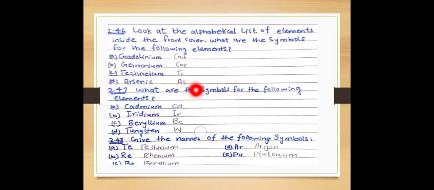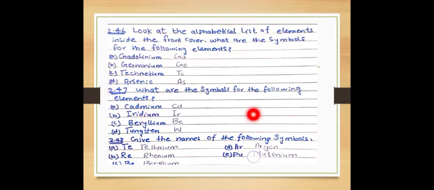Arsenic, capital A small s. Similarly, cadmium has Cd, iridium Ir, beryllium Be, and tungsten has only a one-letter symbol, which is W. And similarly, capital T small e belongs to tellurium.